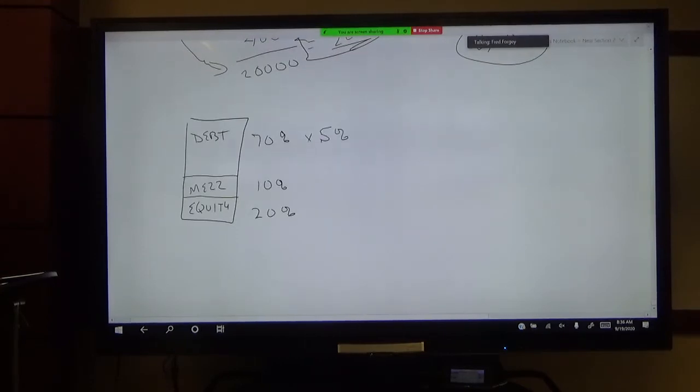Our mezz debt is usually going to be somewhere, now our original example was 15% for our equity, usually going to be somewhere in between those two, okay? And so the mezz debt might be, I don't know, we'll just say 12%, all right?